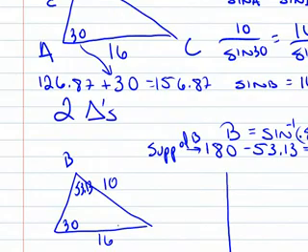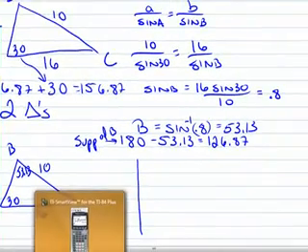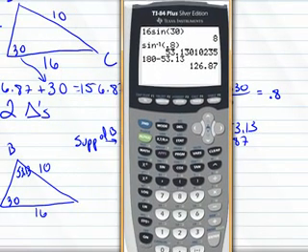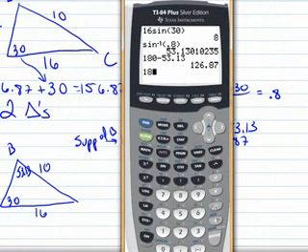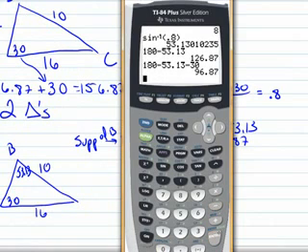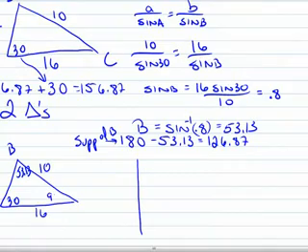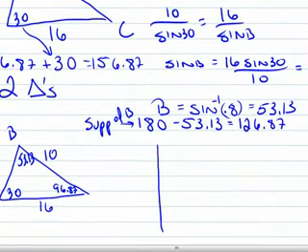The third angle would be when I take those from 180. So I have 180, take away 53.13, and take away 30, and I'm left with a 96.87 degree angle. Okay, that's triangle 1.